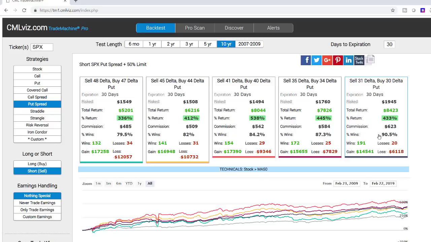I know the last 10 years has been very bullish with some sideways action, but here's the thing: the software's only trading the spread when it's above the 50. So even when the bear market comes and the market's below the 50, you simply don't trade this strategy. This is just one of those conditional things.